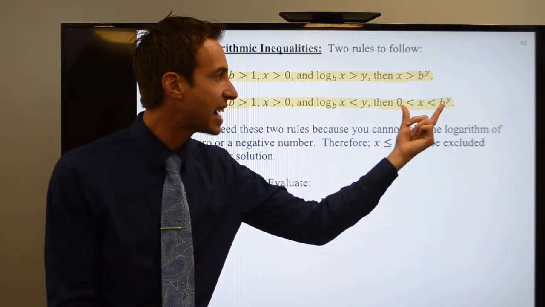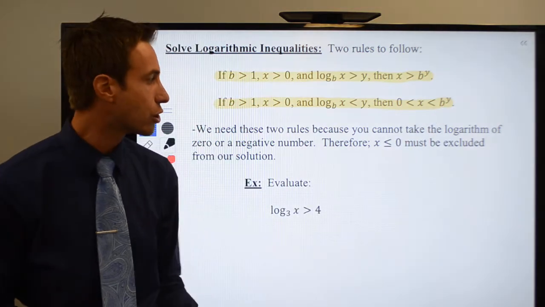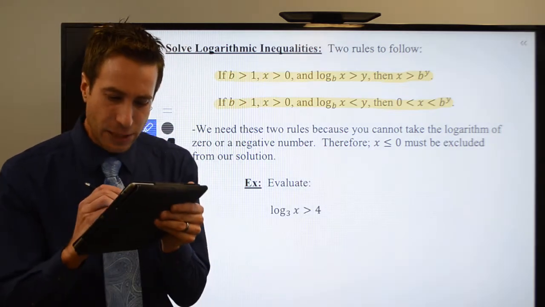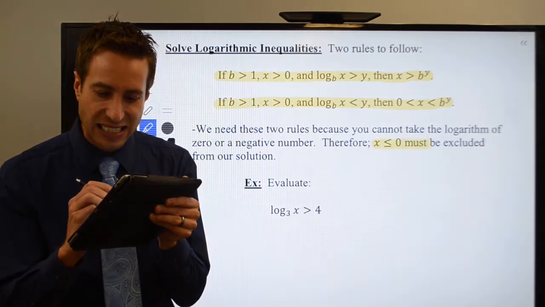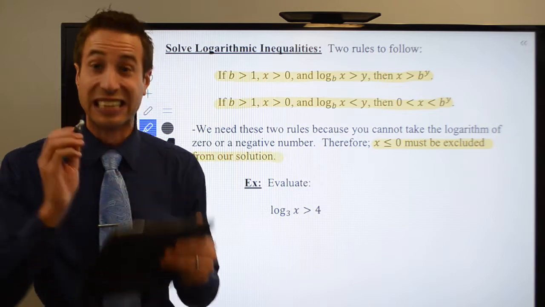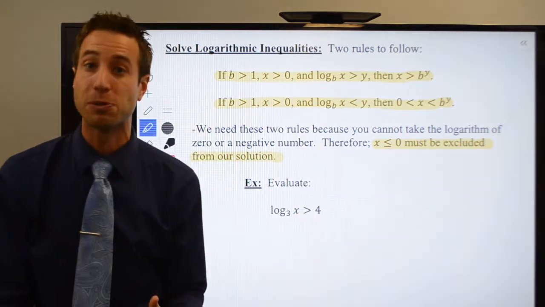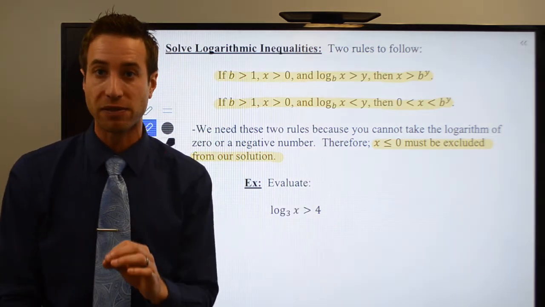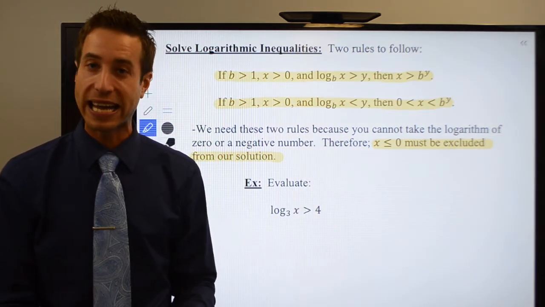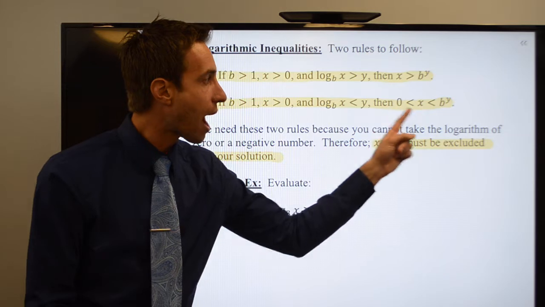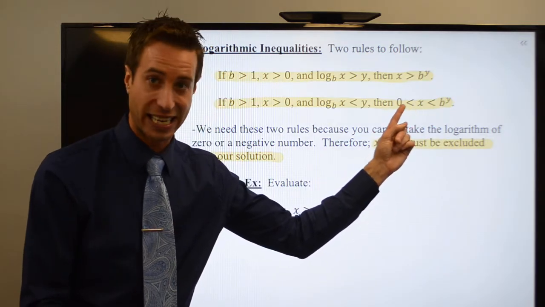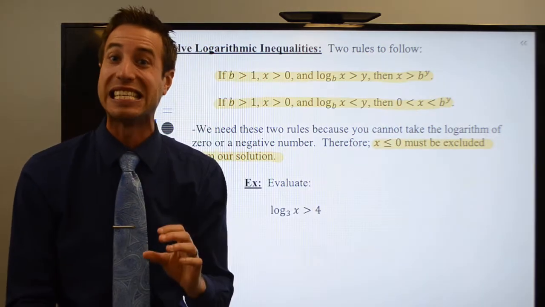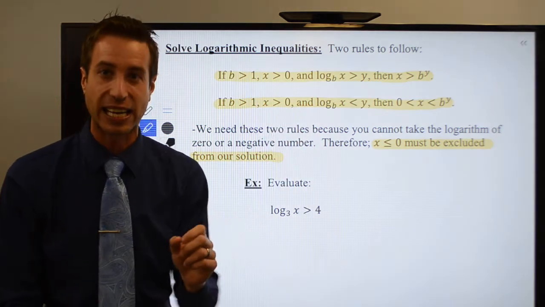We have to add this extra little bit here, and here's the reason why. It's because x less than, well actually less than or equal to, 0 must be excluded. Remember, you can't take the logarithm of 0 or a negative number, which is why this x greater than 0 is necessary in this second rule.